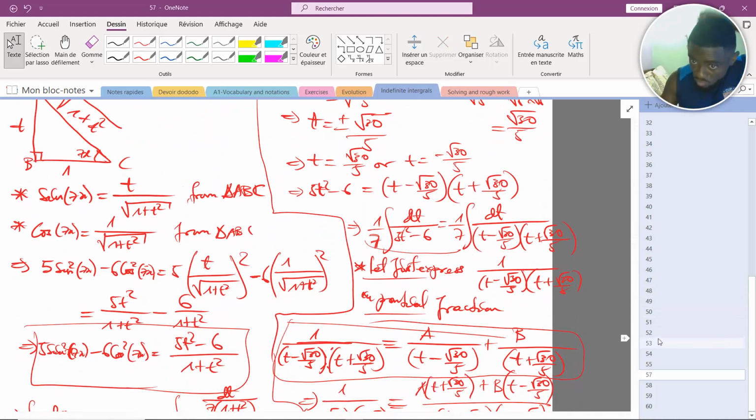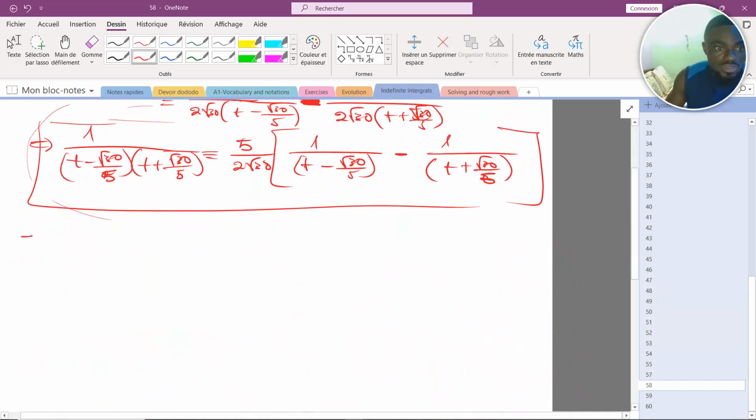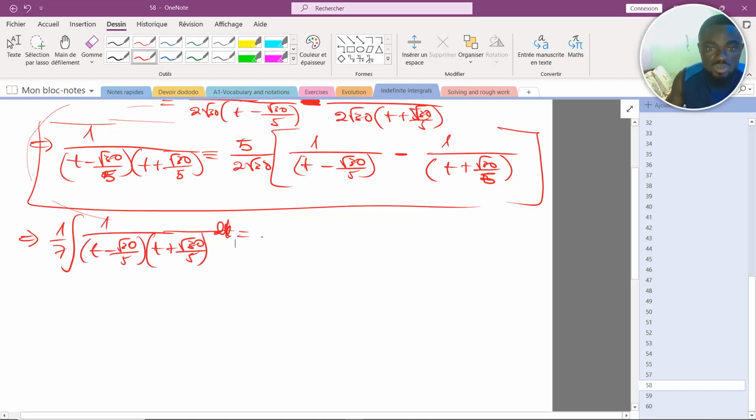So this implies 1 on 7 integral of 1 all over t minus root 30 on 5 into t plus root 30 on 5 dt will be equal to what? Where I see this, I substitute this. Is that okay?